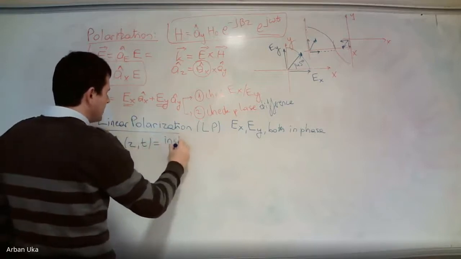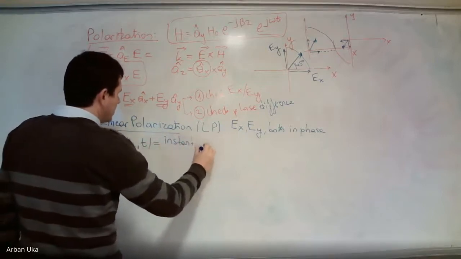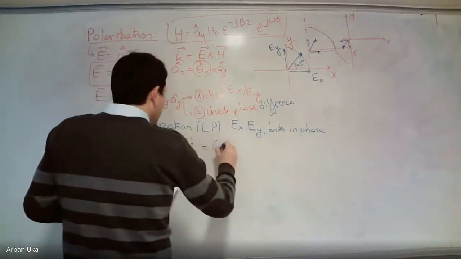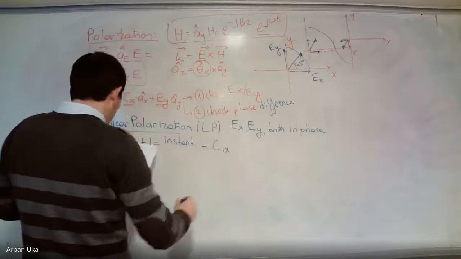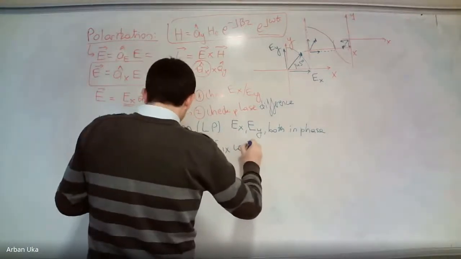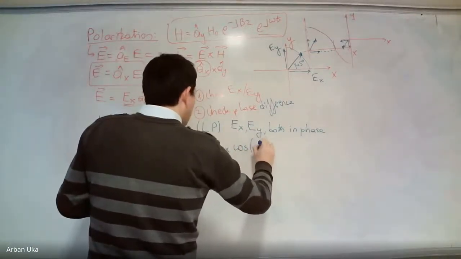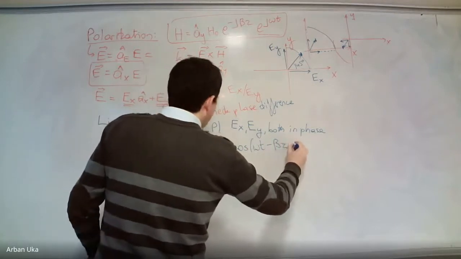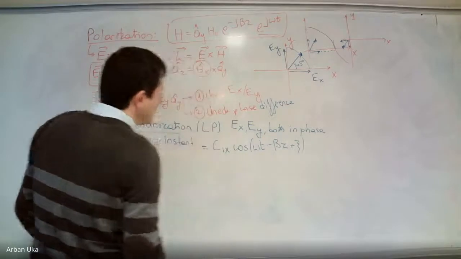This is the instantaneous electric field, and this is equal to the amplitude along x, C1x, times cosine of omega t minus beta z plus the Greek sigma.